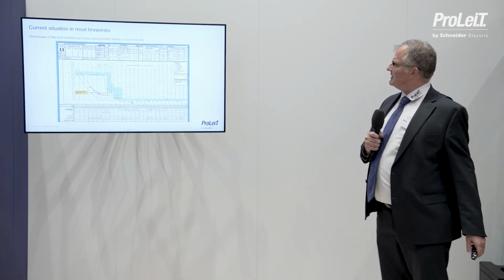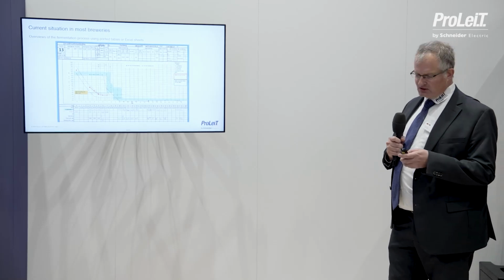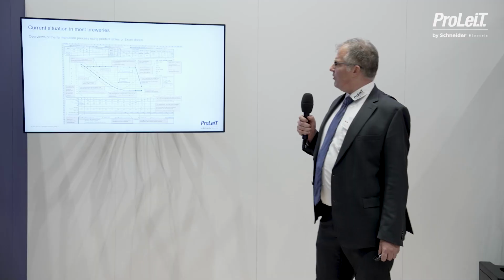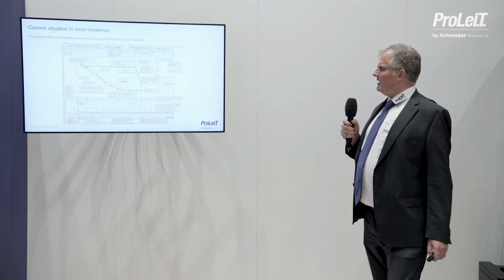So this is a typical example of how it looked at Ringnes, based on a standard Excel sheet where the customer always has to draw the fermentation chart into the sheet and add the values coming from the process control system or from lab or from wherever.